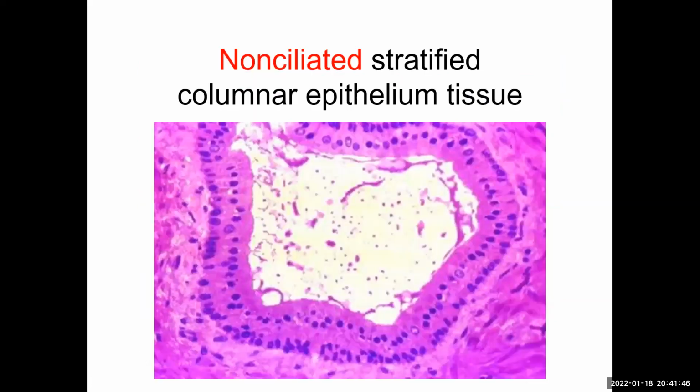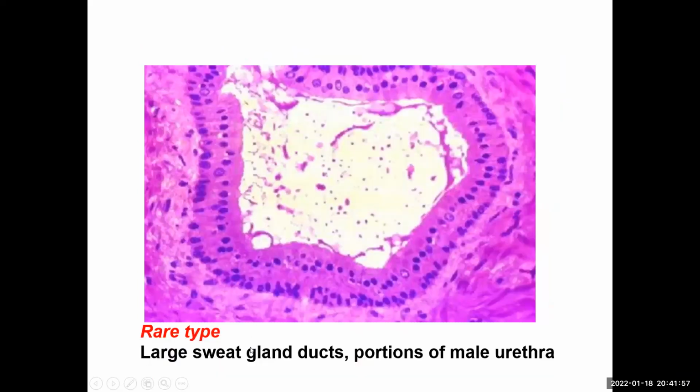Our non-ciliated stratified columnar epithelium, again, there's no cilia here. None whatsoever. We're going to find this around the larger sweat glands and salivary glands. Same type of thing, protection and secretion.